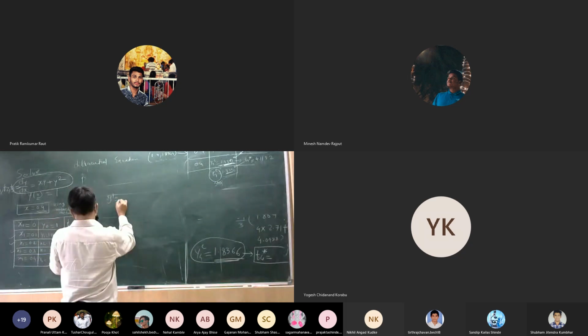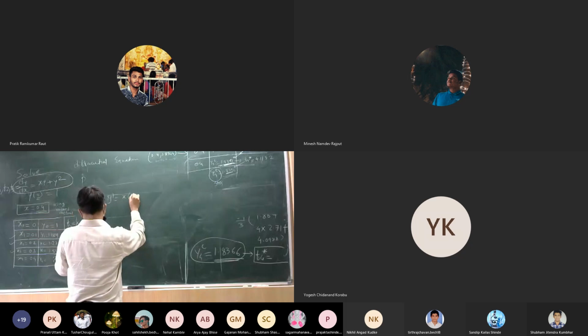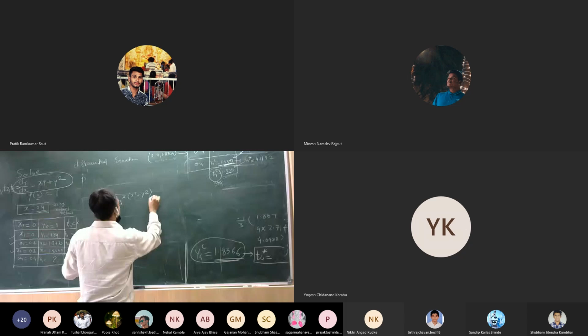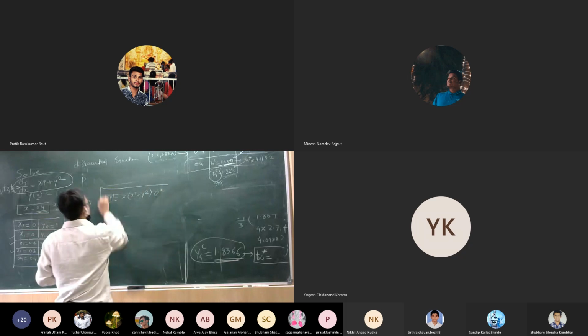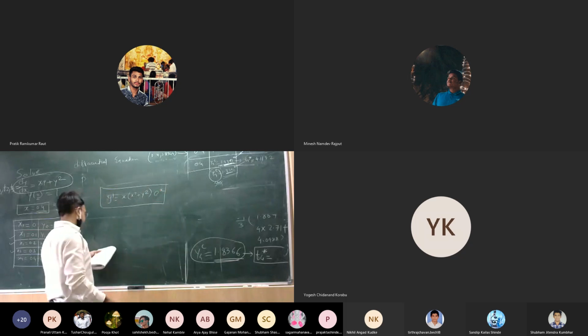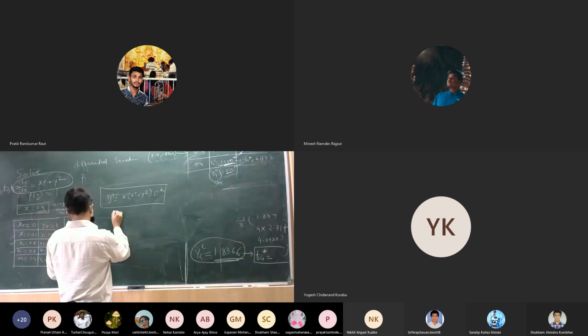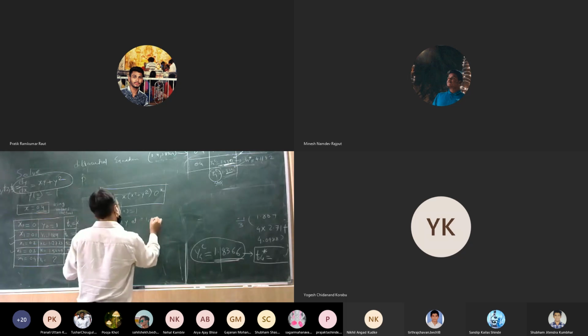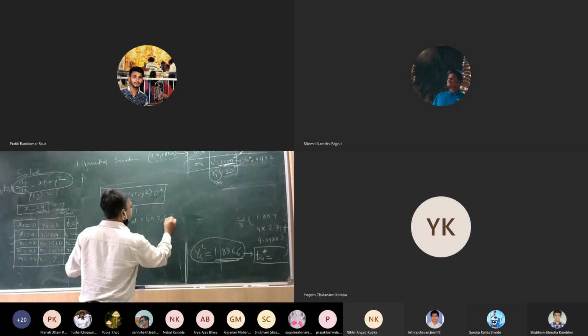dy by dx is equal to x into x square plus y square into e raised to x. So this equation we need to solve by Milne's method. Find y at 0.1, 0.2, 0.3.